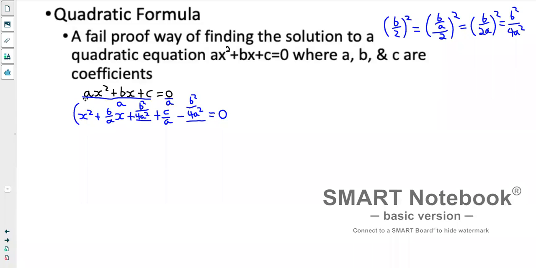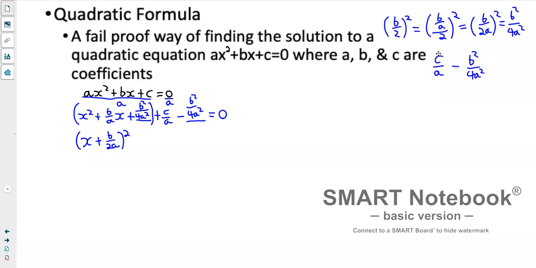We'll put brackets around our first three terms, which form our perfect square trinomial, and then factor it. So it becomes x plus b over 2a squared. And then we'll combine these terms. I'll do it over here. So we have c over a minus b squared over 4a squared.